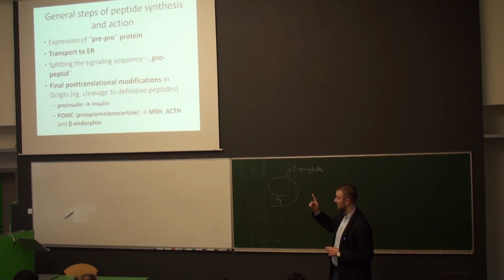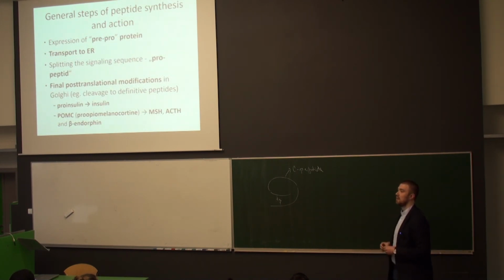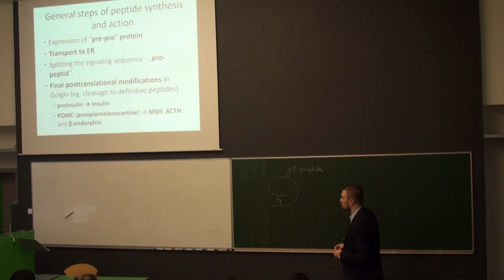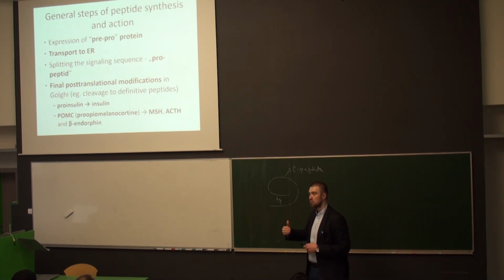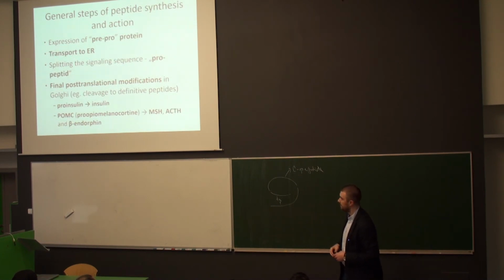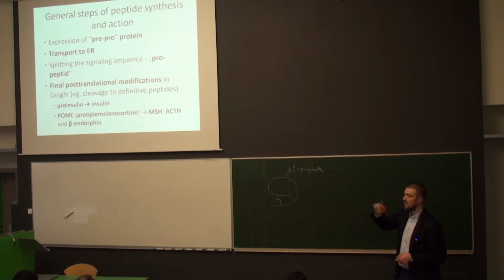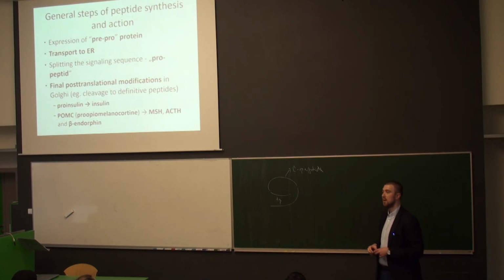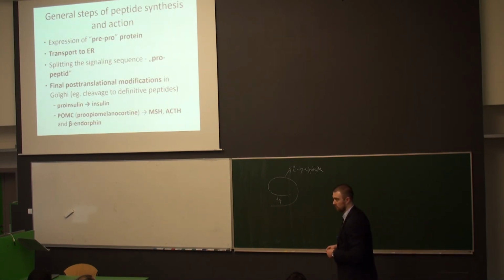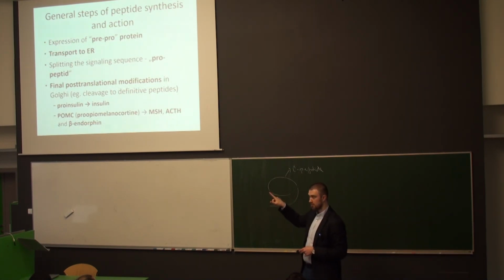The first is melanocyte-stimulating hormone. Second is the ACTH, that's the molecule that we mentioned today, that means adrenocorticotropic hormone, the hormone that commands to produce the cortisol. And the last is the beta endorphin, that means the endogenic opioid compound. 1 precursor, 3 different products.